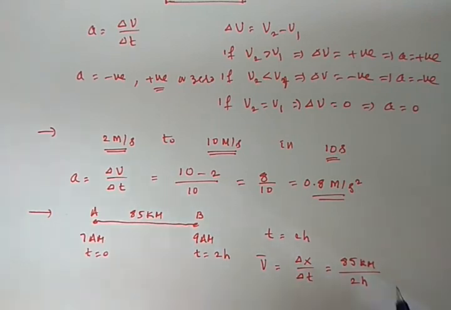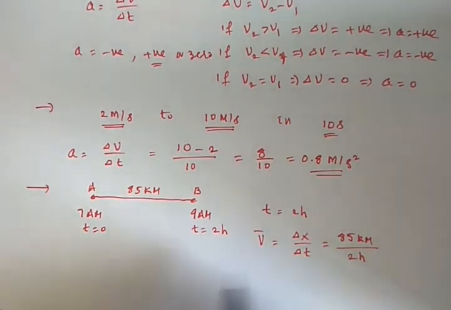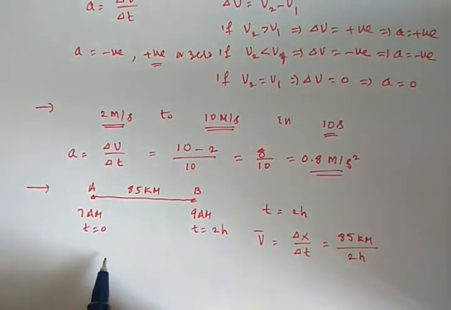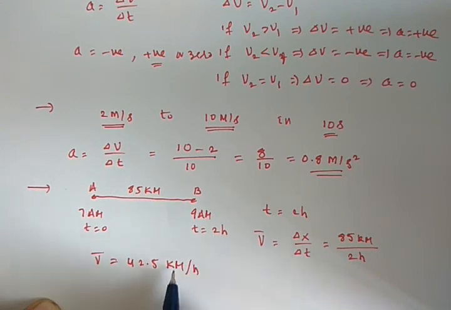So average velocity equals 85 by 2, which is 42.5 kilometer per hour.